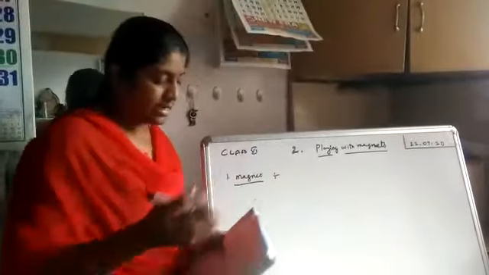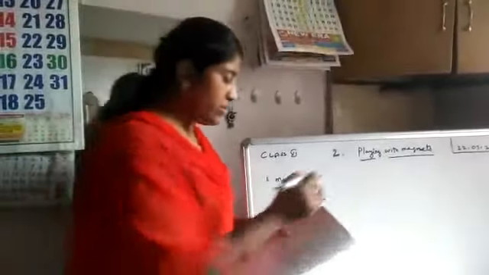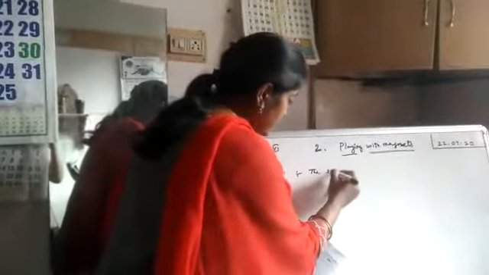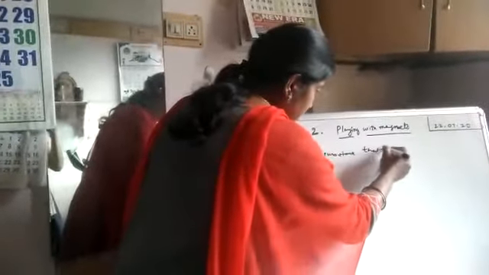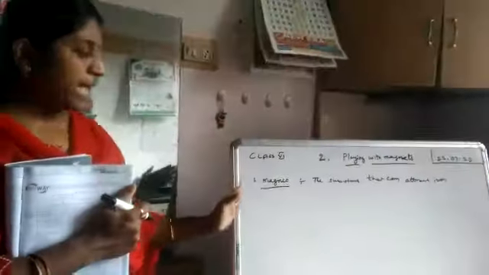What is a magnet? The substance that can be attracted by iron, that is called the magnet.